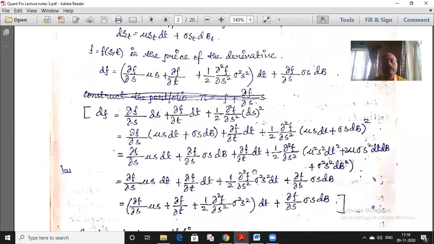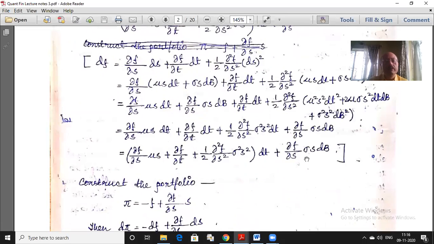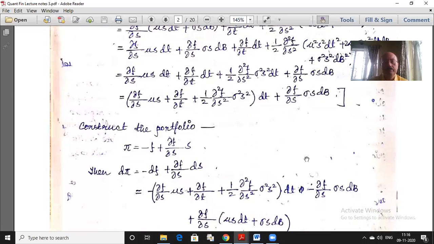So the important part is, if I have dS given by this geometric Brownian motion model, then df is given by this model. Now, what is my portfolio? So I construct a portfolio, I call it pi. My portfolio is, I go short 1 unit on the derivative contract. So it's -1 weightage on f.